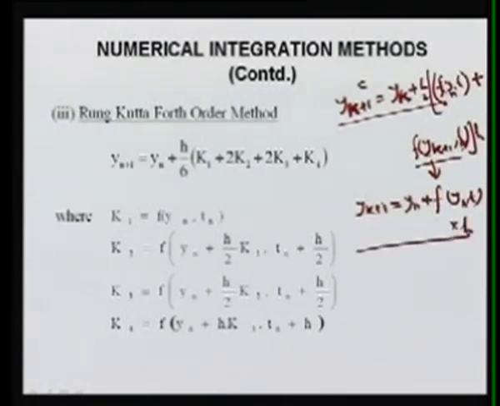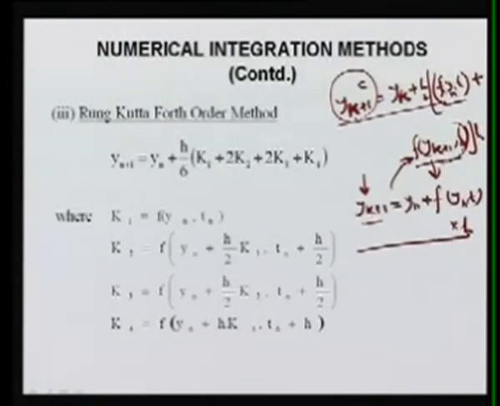This value is known to you, so knowing this value, we can get the next one. In the corrector step, this value is known from the previous step. After your predictor, you have predicted this value. Knowing this value, you can calculate this, and after calculating this, you can calculate the corrected value of yk plus 1. That is basically used, it is very reliable, and normally it is used.